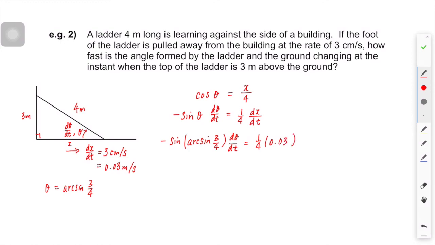Solving for d theta dt, I get negative 0.01, because sine of arc sine 3 over 4 is really 3 over 4, so we have negative 3 over 4 on the left, and then when I divide that from the right side, that's what I'll get. And this is describing how the angle is actually decreasing, because as the ladder falls, theta will become smaller and smaller. And this is in radians per second.